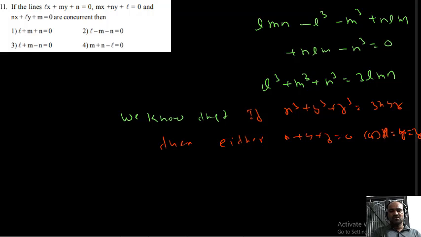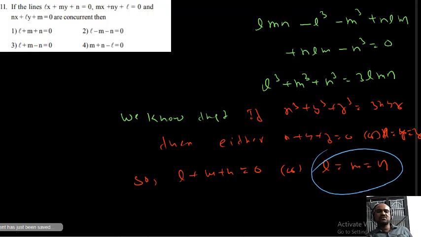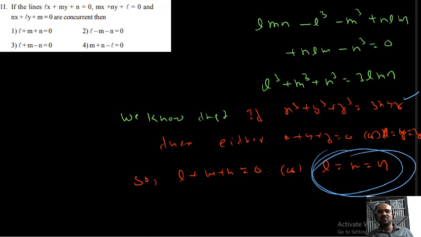So L plus M plus N equal to 0 or L equal to M equal to N. But especially for this problem I can't take this. In general, this is okay in algebra. But here in this situation, L plus M plus N equal to 0 only. This does not happen, because if L equal to M equal to N, these three lines become coincident lines.